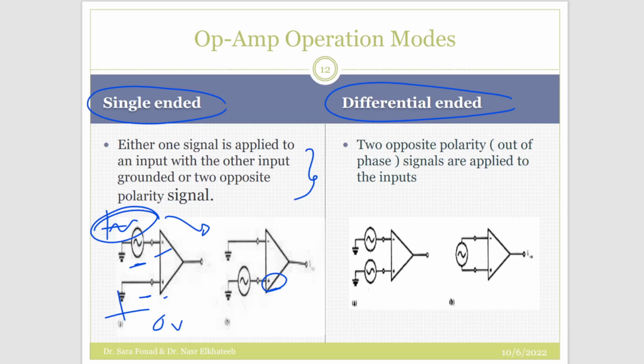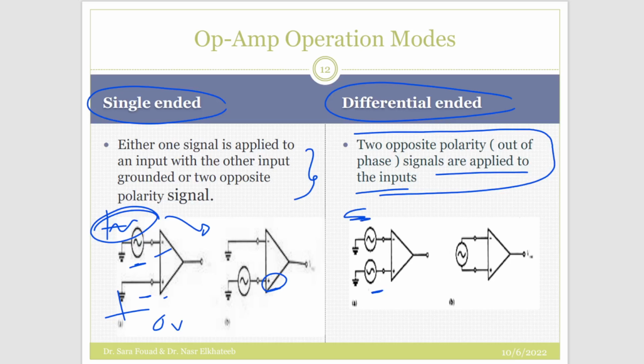We have the second mode. The second mode is the differential ended. We have explained that two opposite polarity, out of phase signals are applied to the inputs. So we have two signals that we are going to connect, one to the first input and the other to the second input.